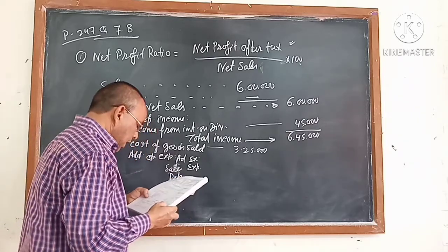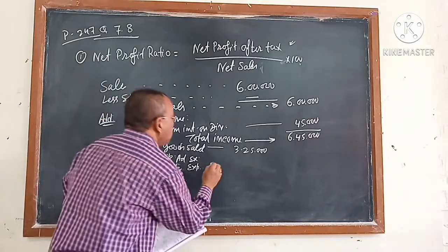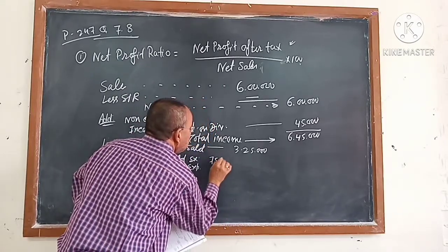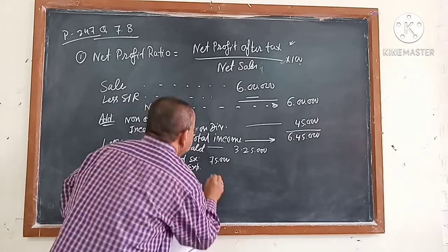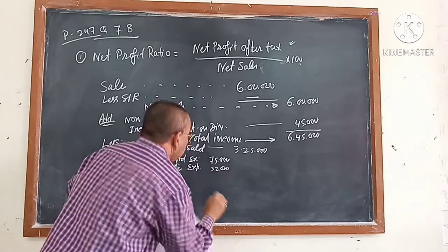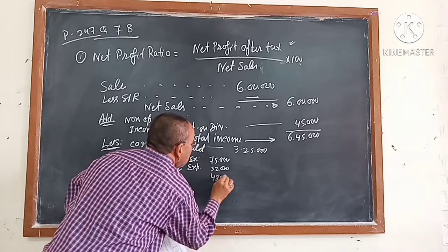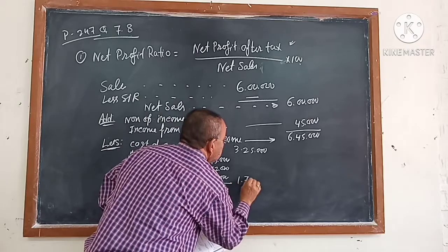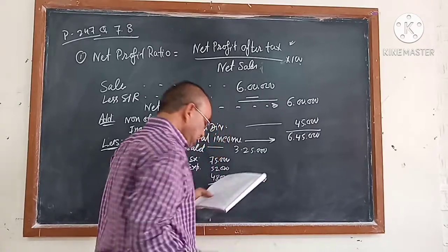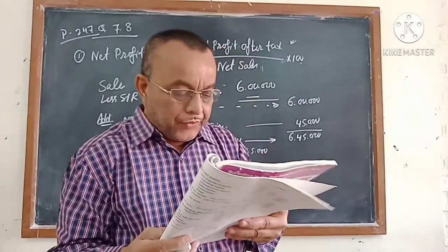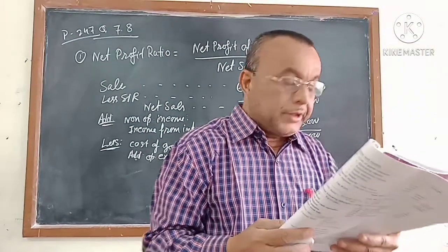These three are coming, that is coming how much? 75,000, 52,000 and 48,000. These three if you add, you will get 1,75,000. Still, you are getting some of the more expense, which is coming the financial expense and non-operating expense.